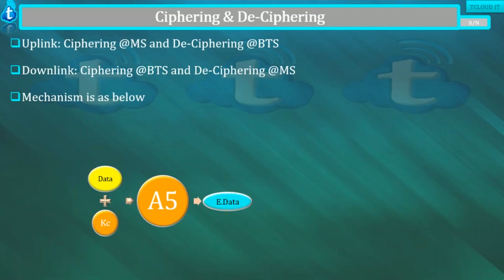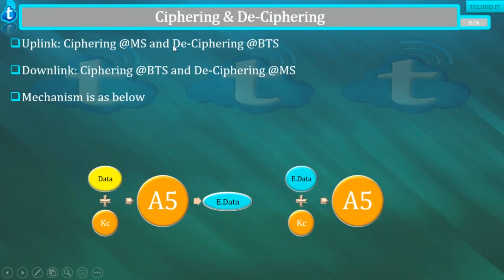That means even if somebody captures this encrypted data in the middle on the radio interface, they won't be able to understand what information is really present inside, because it is in secret format right now. Who can understand that secret data? Once this secret data is received by your BTS, your tower, what does your BTS do? BTS sends this encrypted data along with the KC information it has procured from the MSC.